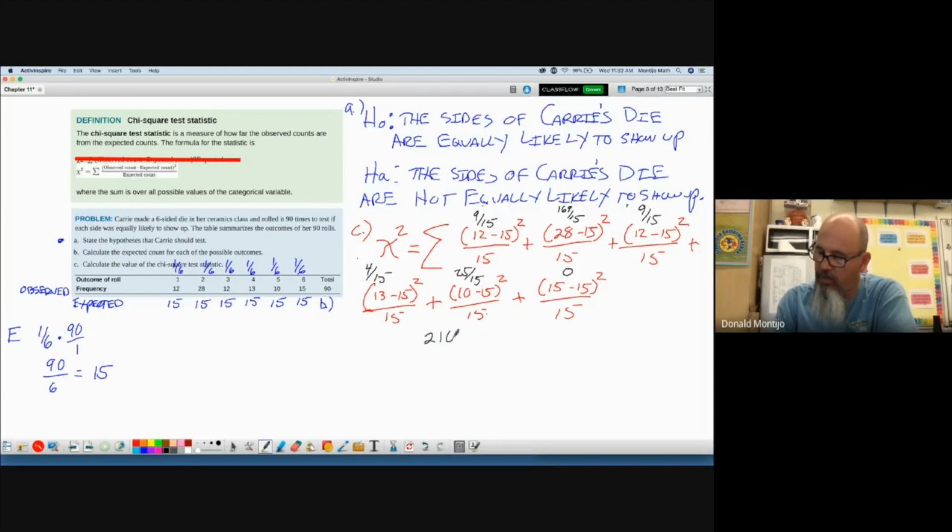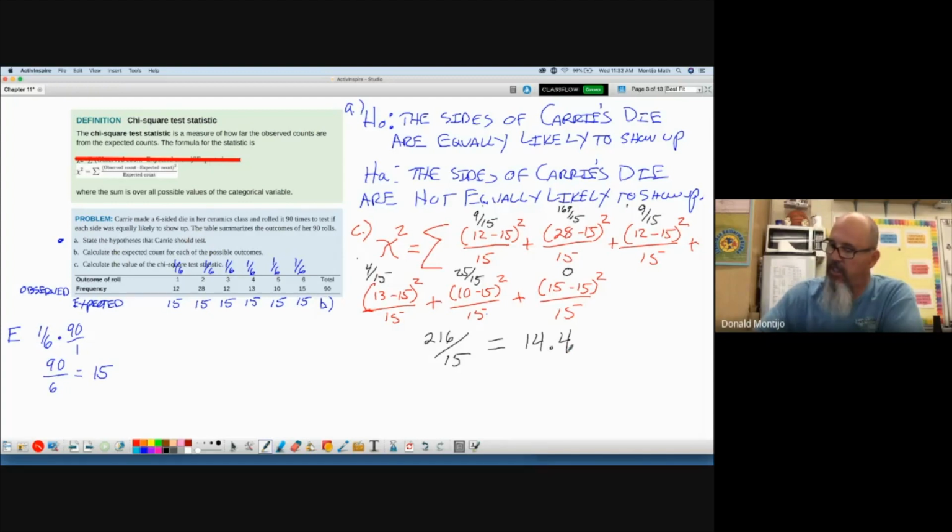So my chi-squared would be 216 divided by 15. 216 divided by 15 gives me 14.4. So my chi-squared test statistic would be 14.4.